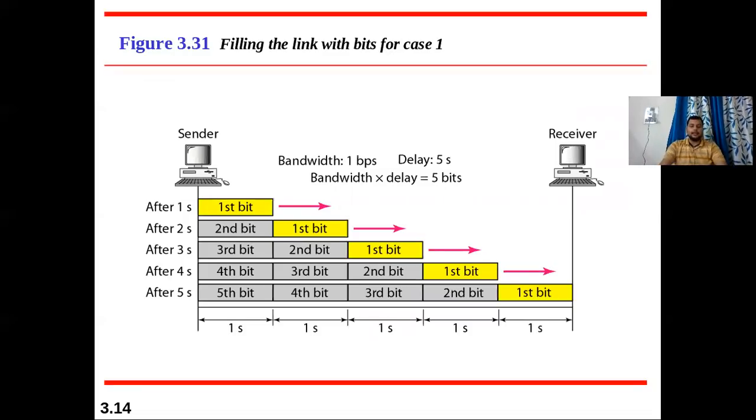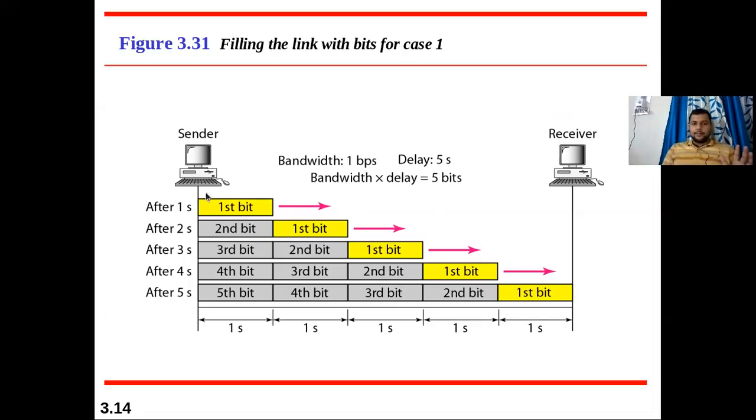Then finally, the bandwidth delay product. Bandwidth is how many bits we can push over a wire in 1 second. That is called bandwidth, or the transmission speed. So bandwidth and transmission speed are correlated. Here we'll calculate the bandwidth delay product.